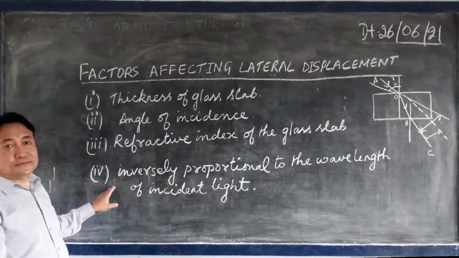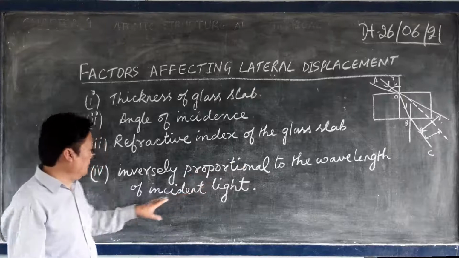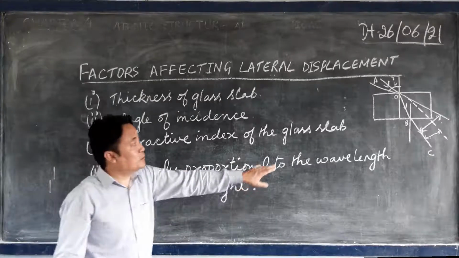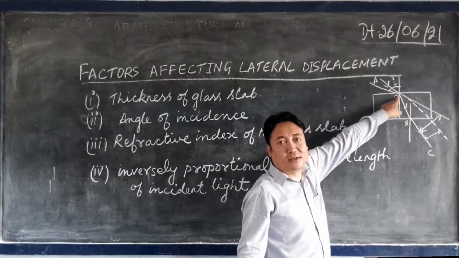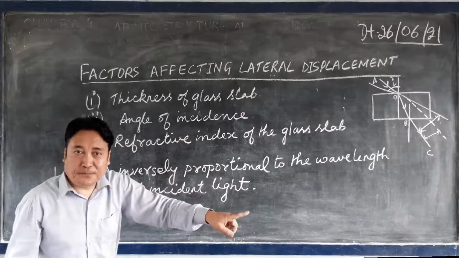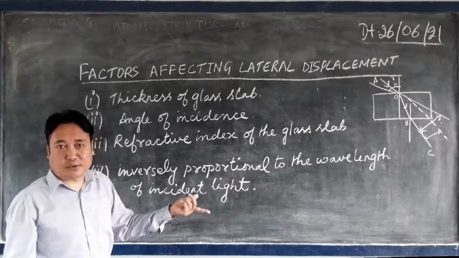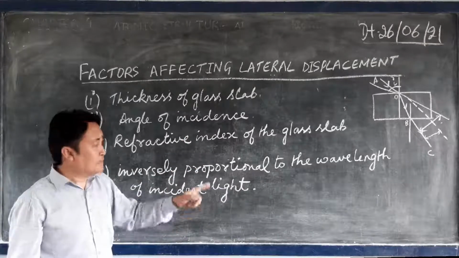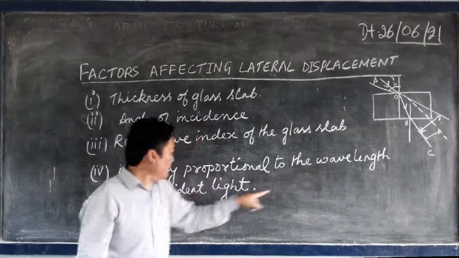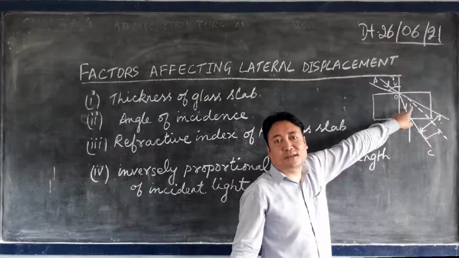But in the last factor, lateral displacement is inversely proportional to the wavelength of the incident light. The wavelength of incident light means the light coming from the source when it falls on the glass slab.